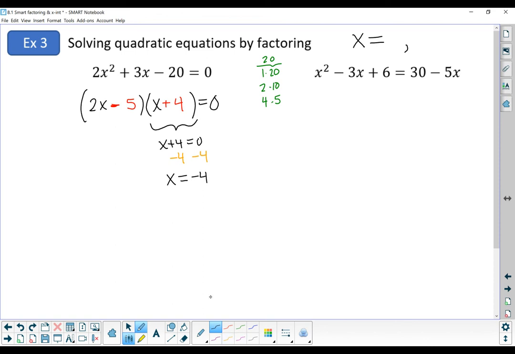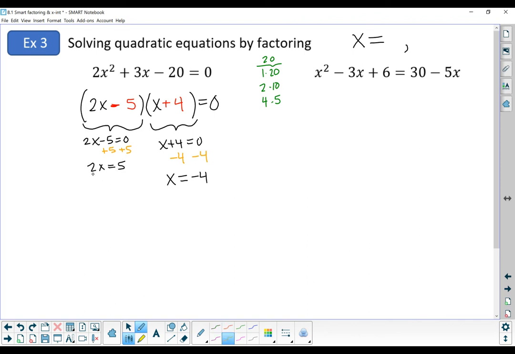The other solution comes from this factor being equivalent to 0. So if 2x minus 5 is equal to 0, then I have 0 times something equals 0. So 2x minus 5 equal to 0, I need to add the 5. That gives me 2x is equal to 5.